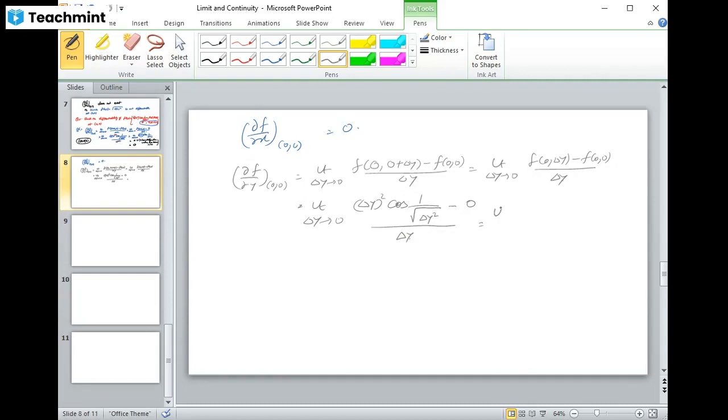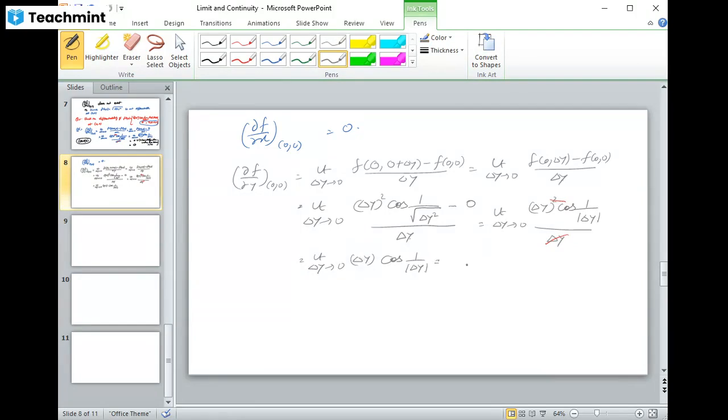Or this is equal to limit delta y tends to 0, delta y square into cos of 1 upon mod of delta y, like we have discussed that the square root of a number is always positive, divided by delta y. So one power of delta y gets cancelled out with this. So it means that we are left with limit delta y tends to 0, delta y into cos of 1 upon mod of delta y.